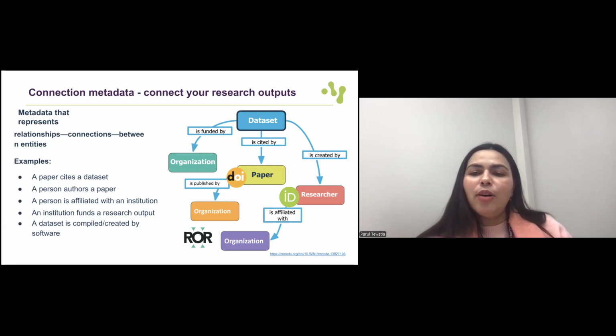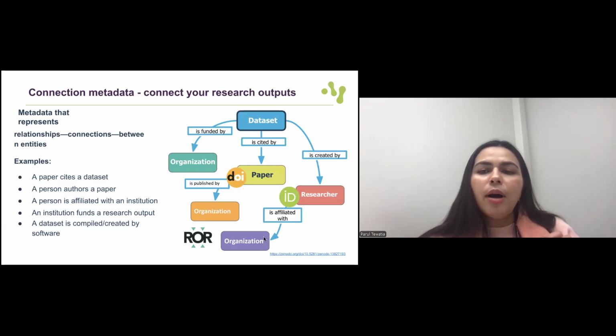SciLifeLab has a ROR ID. So now I have all the connections made in one place. And I don't have to look in different places to get all my data, but I have connected everything to ORCID, for example, right? So this is so important, to have your own research outputs in one place.